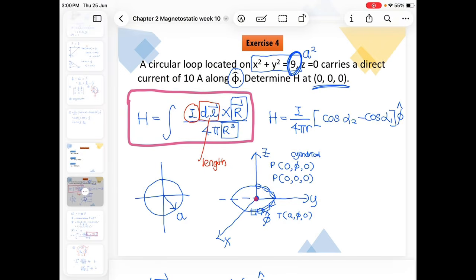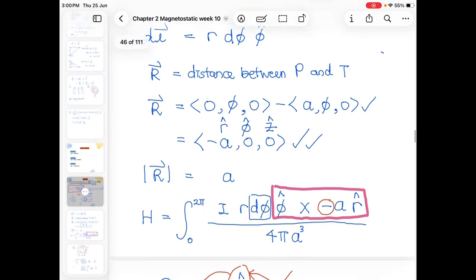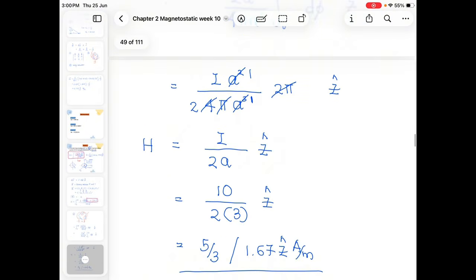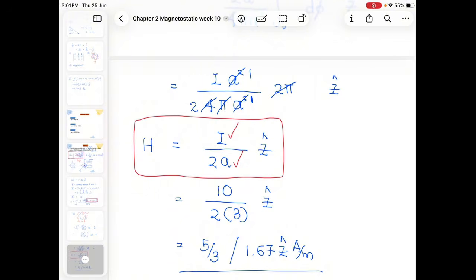We did the derivation by using the Biot-Savart law, and eventually we found these equations for us to find the magnetic field at the center of the circular loop. I represents the current, and A represents the radius of the loop.